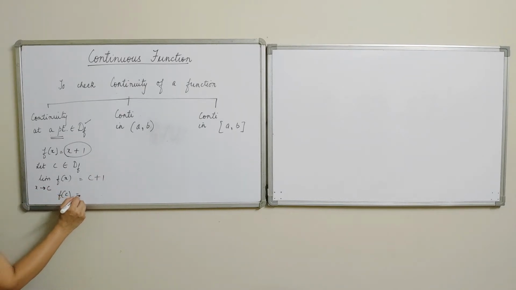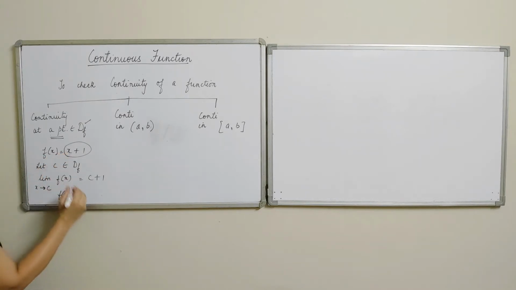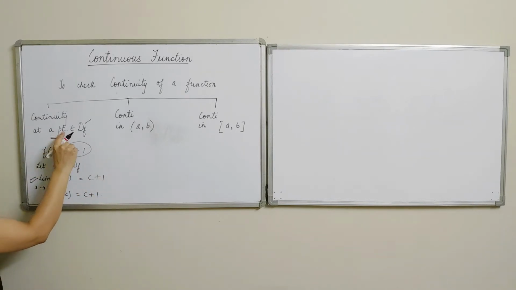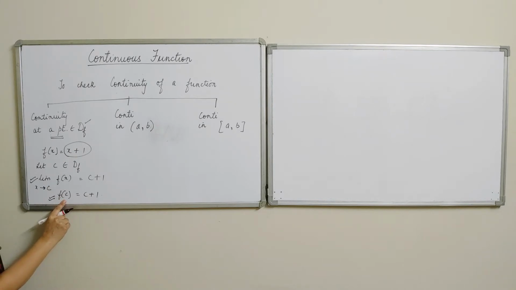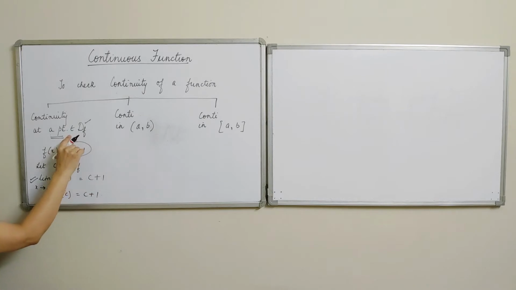Likewise, the value of the function at the point C, which can be obtained by replacing x by C, is C plus 1. So we see here that the limit of the function and the value of the function at that point are the same, so the function is continuous. That means we take a point, check the limit at that point, and find out the value of the function at that point. Both these values are equal, so the function is continuous.